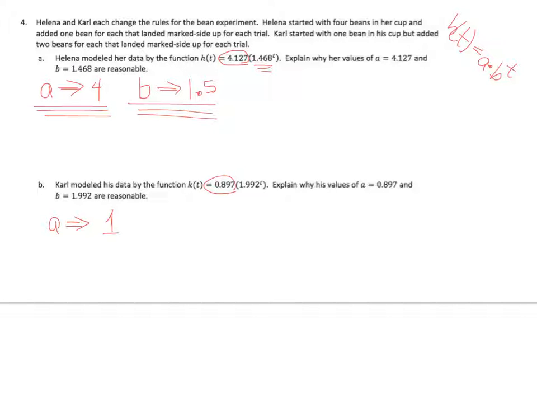And then Carl added 2 beans to the cup for each that landed marked side up. So we would expect the number of beans to double. So we would expect B to be pretty close to 2, and he got pretty close to 2. So they're both pretty reasonable. They're good models, right? Makes sense.